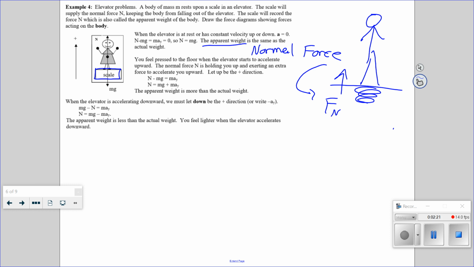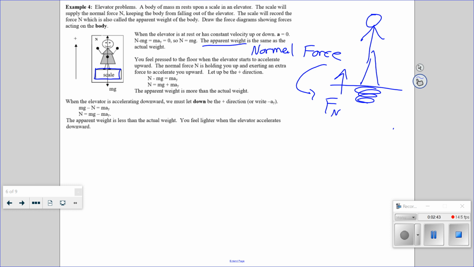We'll learn in a later chapter how springs work. It's actually a really simple system. That's how you can make a scale that's just a needle, and you don't need a digital one. But if you doubt that it's measuring your normal force, put the scale next to the bathroom counter, then stand on the scale and push down on the counter.